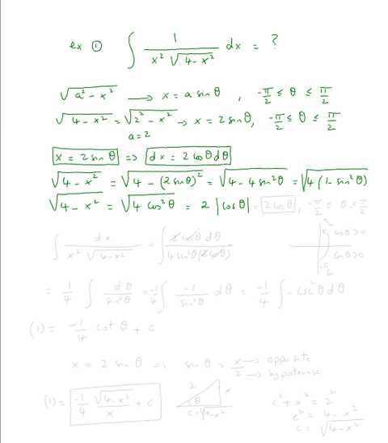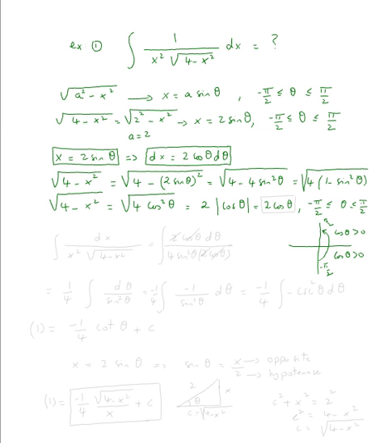The absolute value of cosine theta is cosine theta because cosine theta is positive, since theta is between negative pi over 2 and pi over 2. So cosine theta is positive here, in the first quadrant and the fourth quadrant.